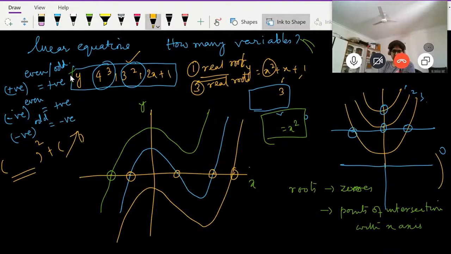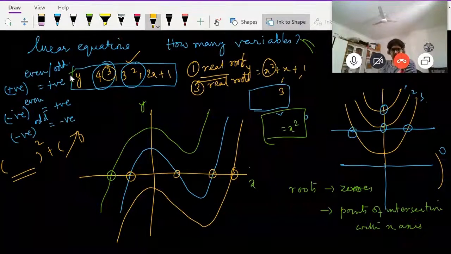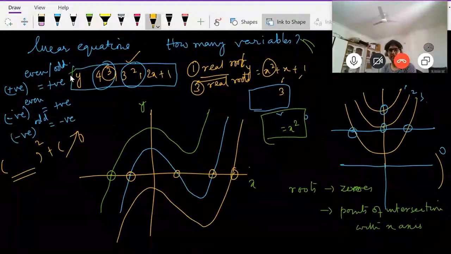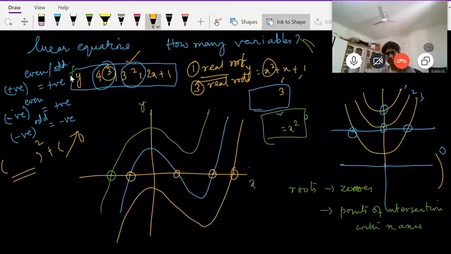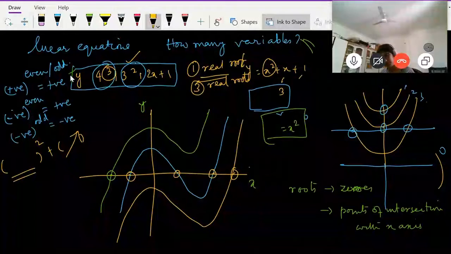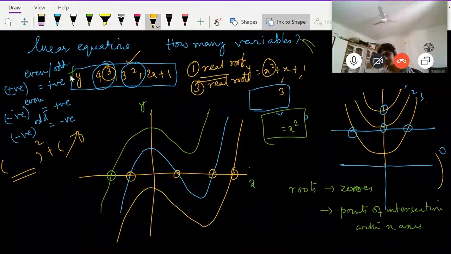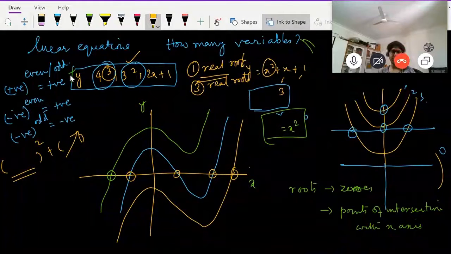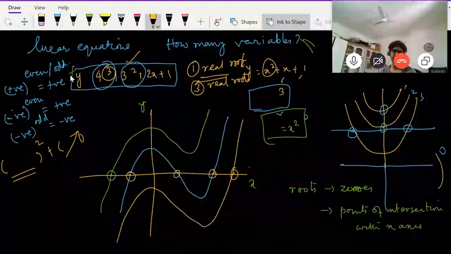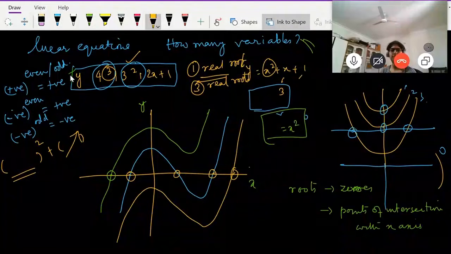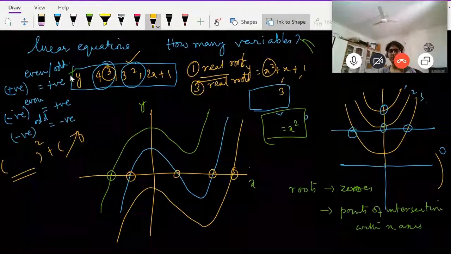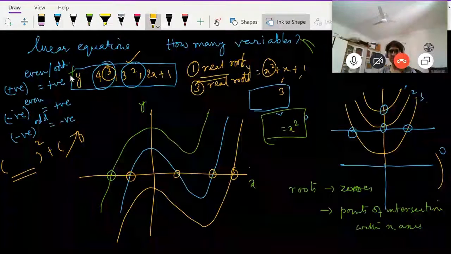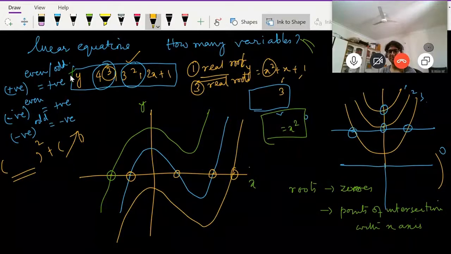Here I cannot do that because I have a cube. However, with calculus, it can be shown under which condition this curve will have one real root or three real roots. But that is not part of your syllabus, so I'm not going to get there.